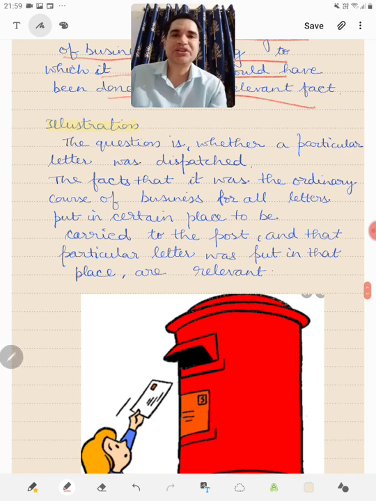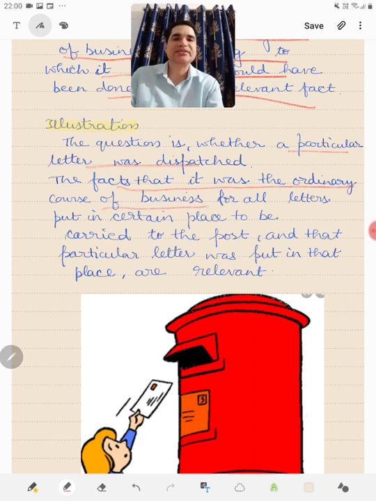So where the question is that a particular letter was dispatched. The fact that it was ordinary course of business for all letters put in certain place to be carried to post, and that particular letter was put in that place are relevant.